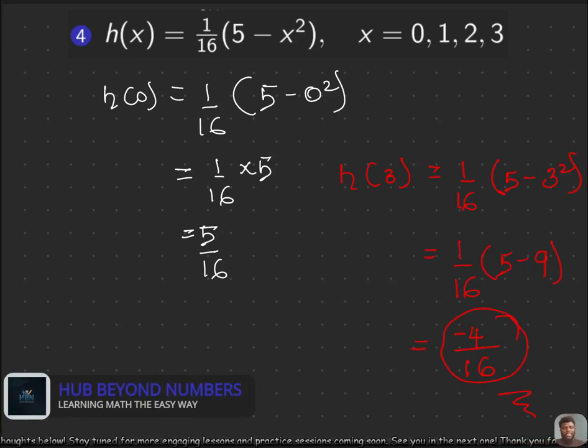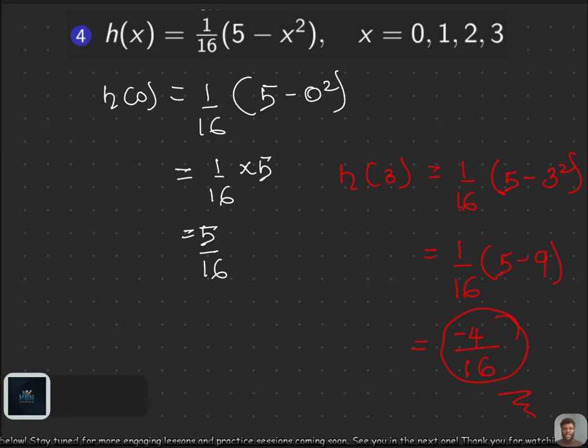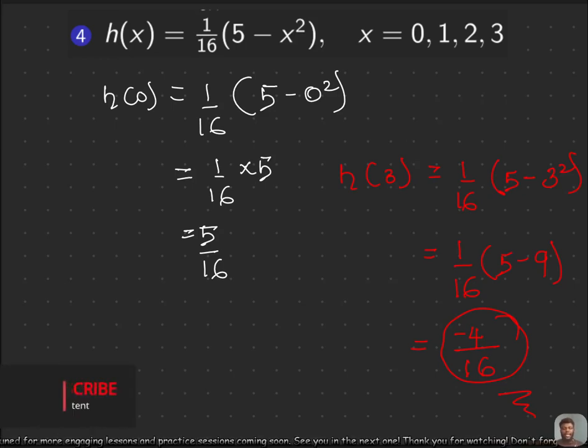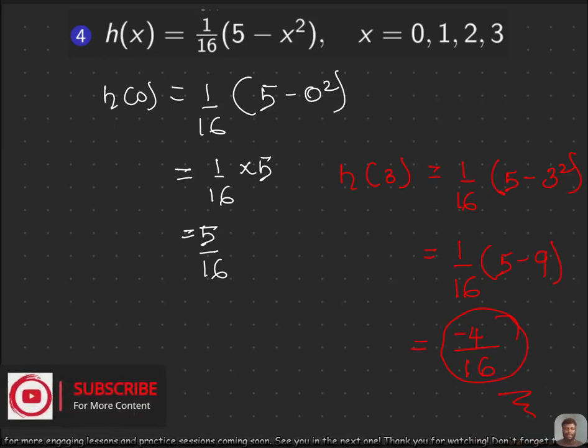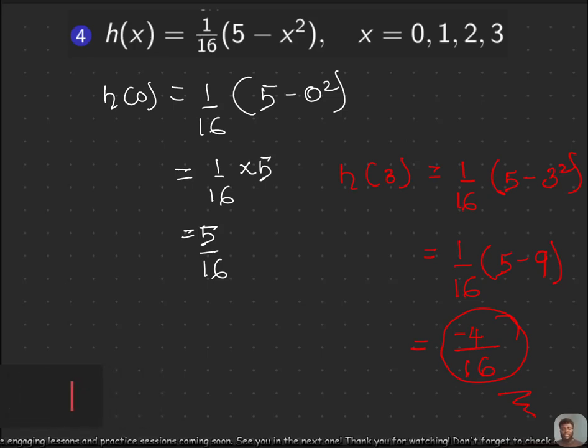And secondly, after evaluating all these values, we should find the sum of the individual values. The sum should always be equal to 1. If these conditions are not satisfied, the function cannot be a probability mass function.